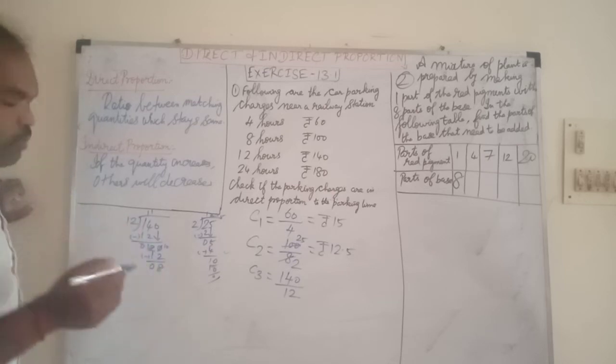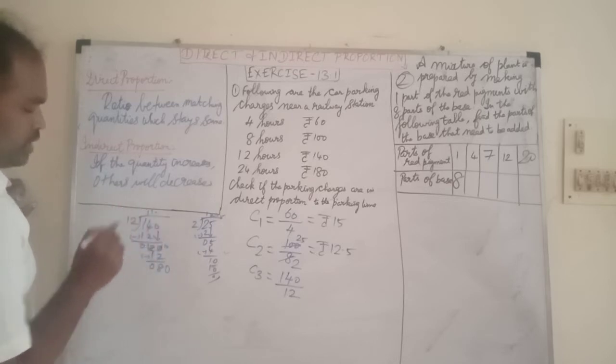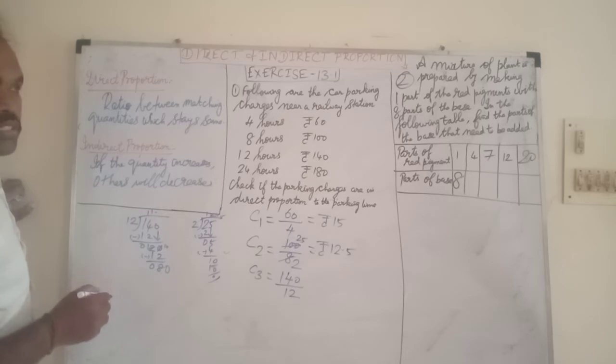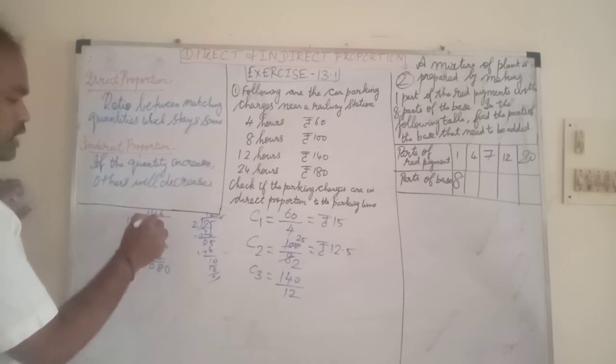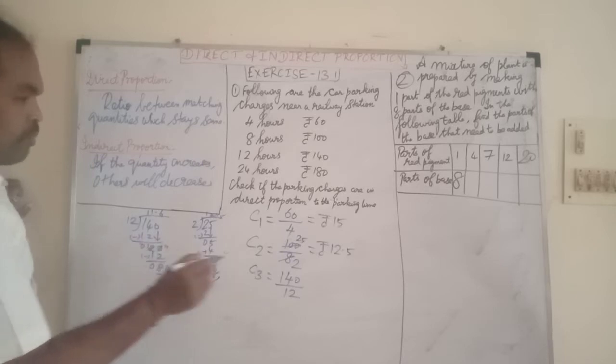No, it is not possible, so we write 0 here and put a decimal point. So 80 divided by 12: 6 twelves are 72, so the answer is 11.6.